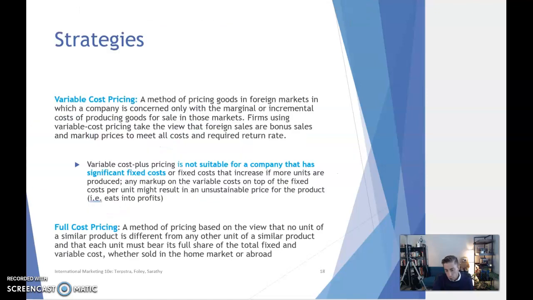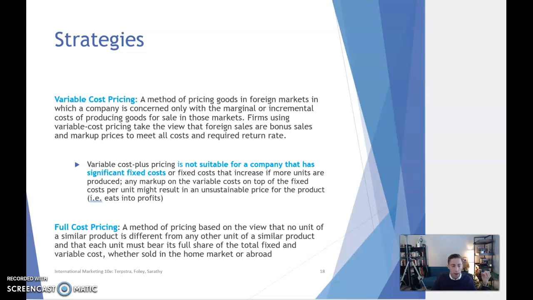So we have two strategies to look at then. We have variable cost pricing and full cost pricing. Well, we want to do variable cost pricing. In some cases that makes sense, because in foreign markets where a company is concerned about the margin or the cost of producing a good, then we're going to price variable cost based on the cost it takes to get it from production to that shelf, into the hands of a consumer.